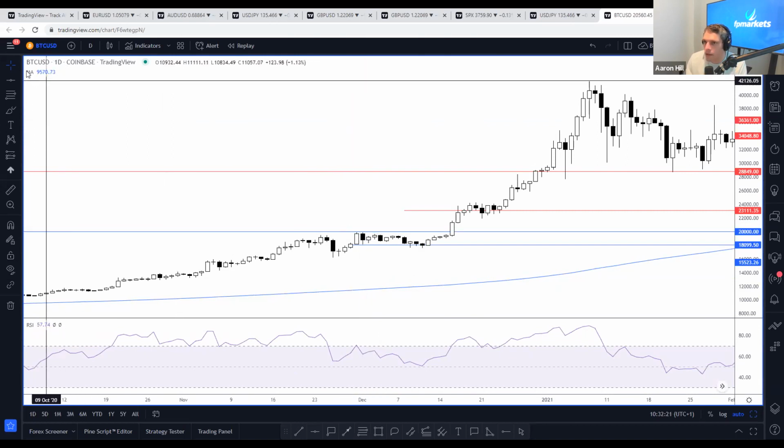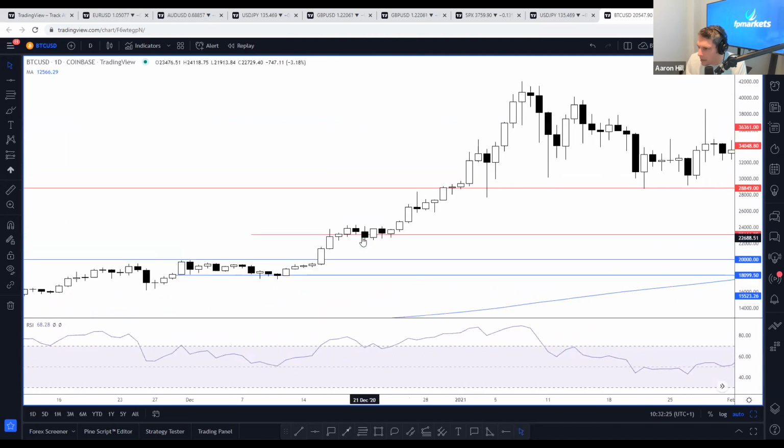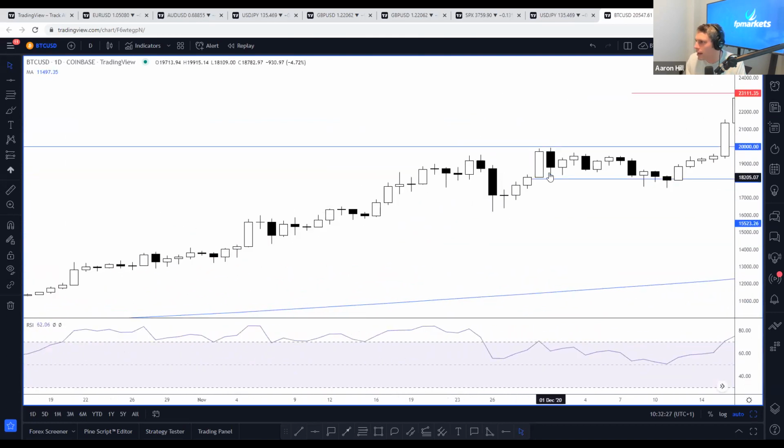Let me remove the arrow. Let me zoom right in so we get a good view. Okay, here we go. We have a high at this point, and then a low at this point. I've gone pretty complex with this one. High, low, high, lower low, and then we continue high.